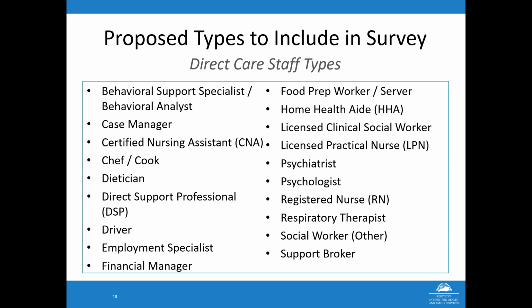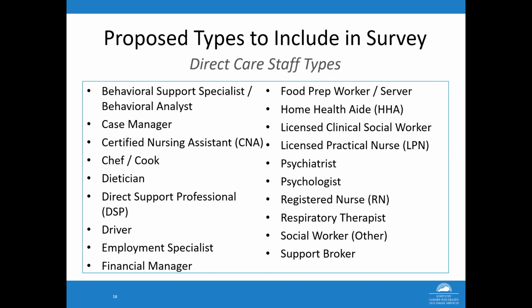Right, and I think we want to be careful because in the end the intent is to capture the data in a way that we understand the costs that providers are incurring. But we also don't want to create a bunch of categories.